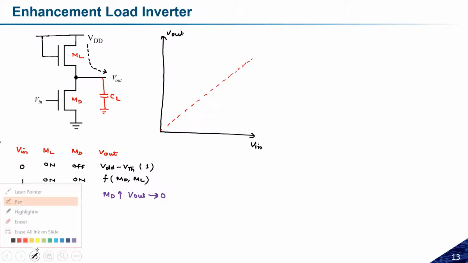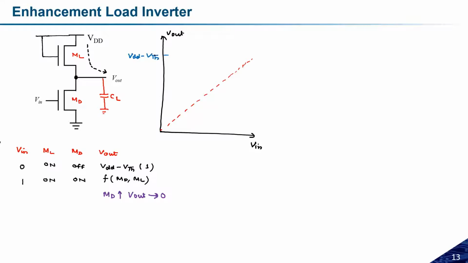So let us try to see what the output is. We know that the maximum output voltage can never cross VDD minus VTH. So this voltage, whatever we have, is nothing but VDD minus VTH.